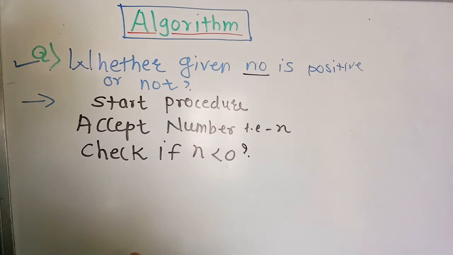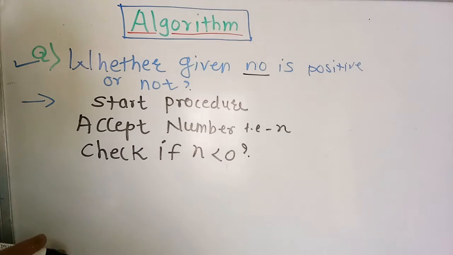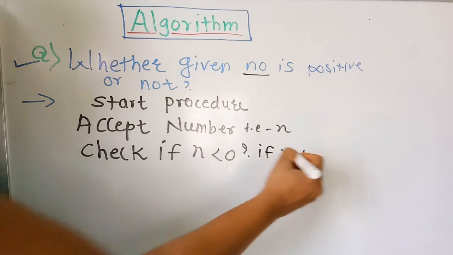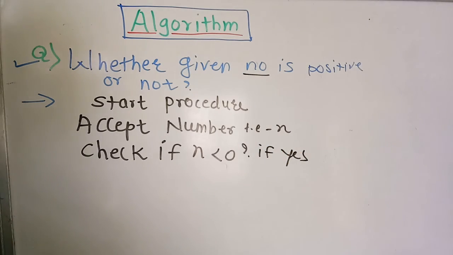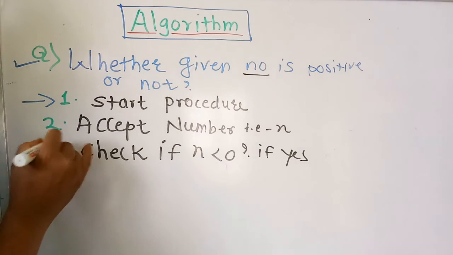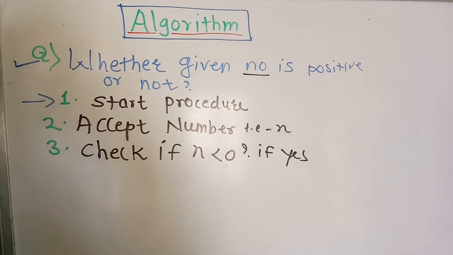As we all know, an if condition has two outcomes, true and false. If it is true, means if yes, then we will display some statements, and if it is no, then we will write another statement.